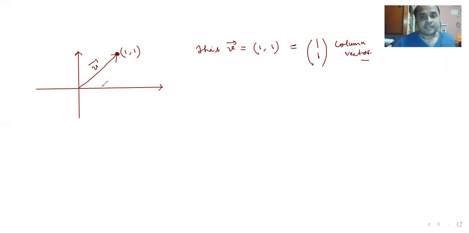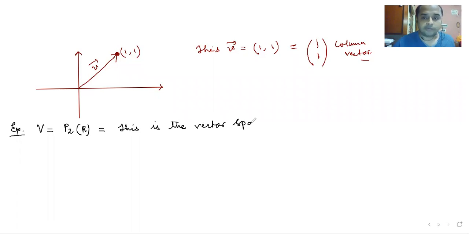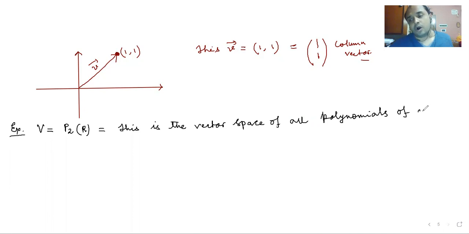One example is written over here. One example they have set in the book. They have considered the vector space P2(R). We know that this is the vector space of all polynomials of degree less than or equal to 2.